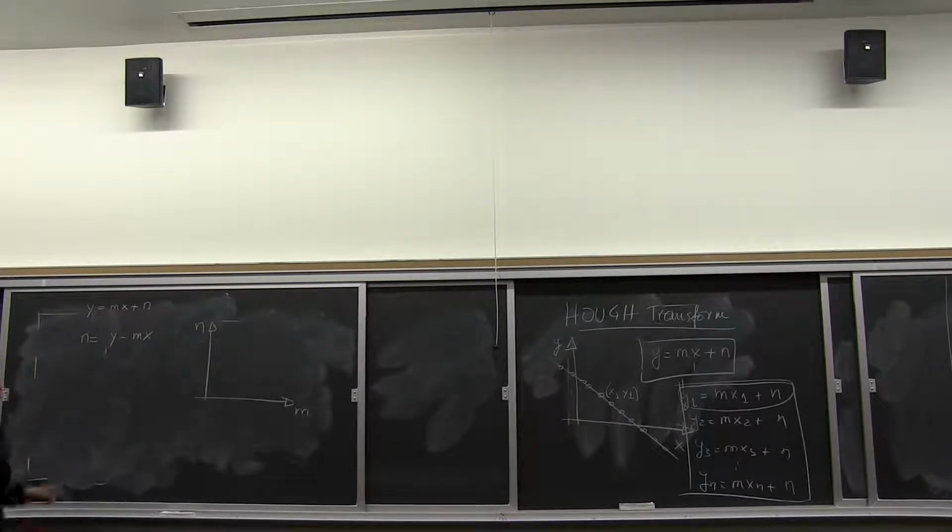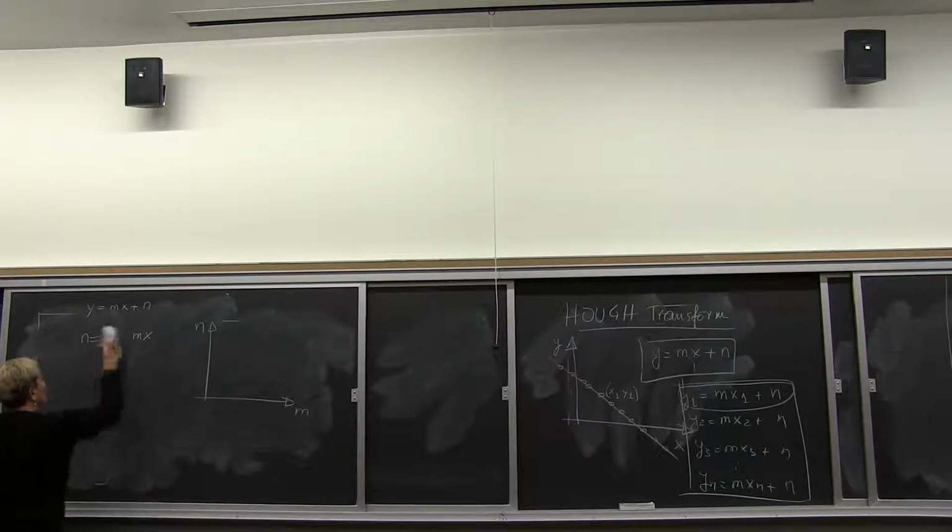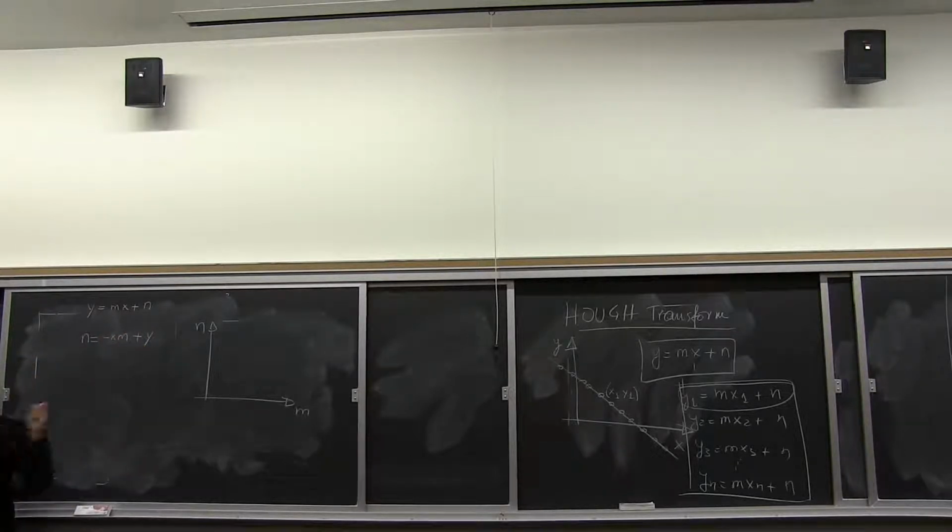And I'm saying now that the variables, actually, let me do it the other way, it looks nicer, minus xm plus y, okay? So now what I have is a line in the variables n and m where the slope is minus x and the intercept is y.